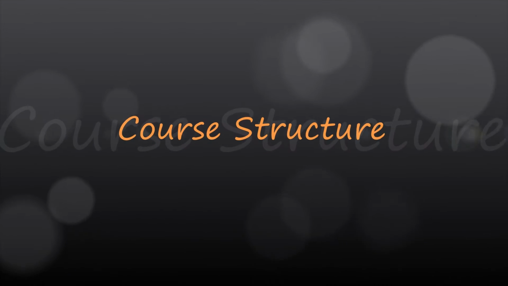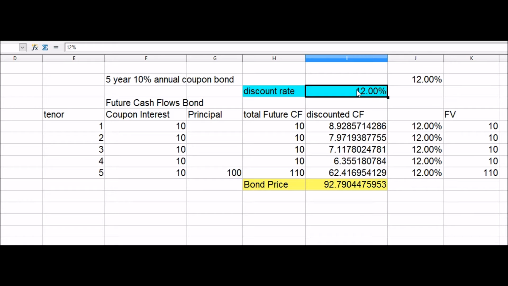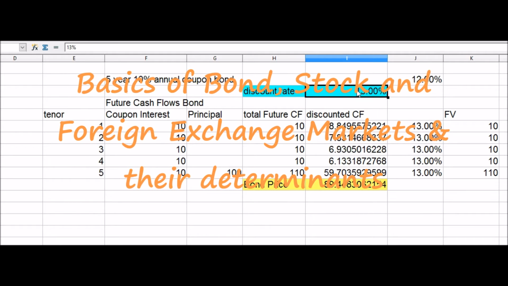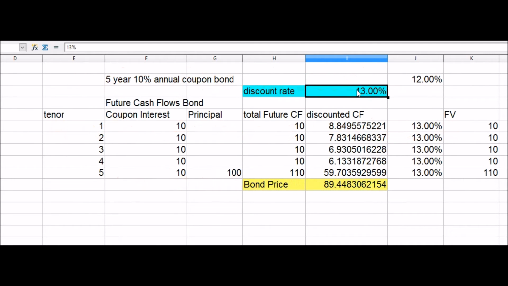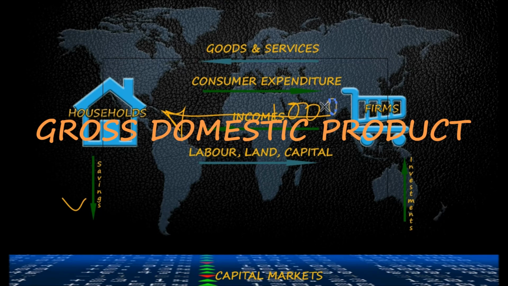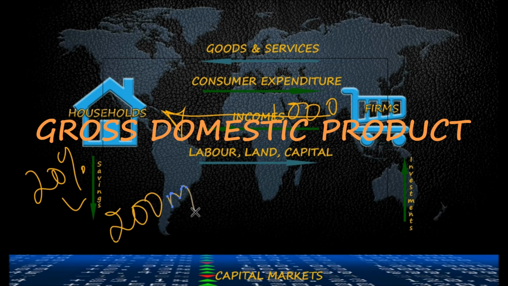This course will begin with a brief introduction on the 3 financial market instruments: stocks, bonds, and foreign exchange, and the key factors that drive their prices. We also discuss some very basic economic definitions, which are essential building blocks to understanding the slightly more advanced concepts.